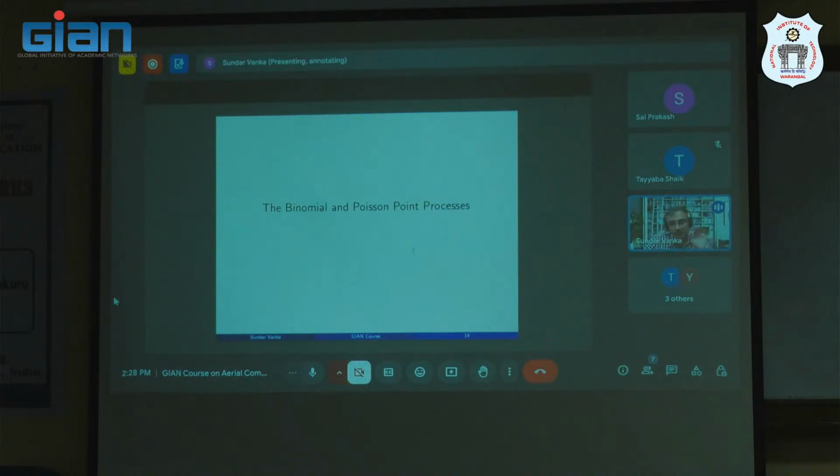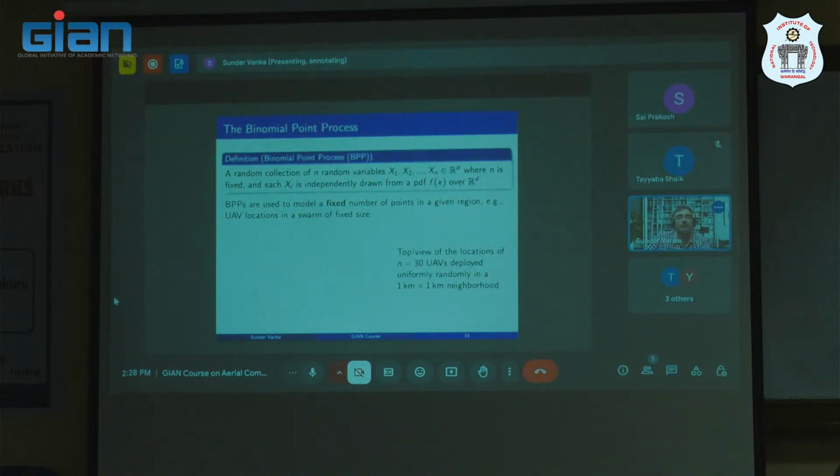So now we are ready to tackle the first set of things, where we define a binomial and a Poisson process. Okay. So first, let us understand what a binomial point process is. Imagine that you have a set of n random variables, x1 to xn. All of them are d-dimensional.